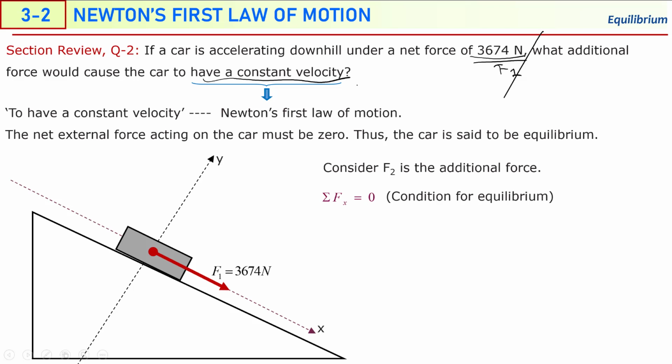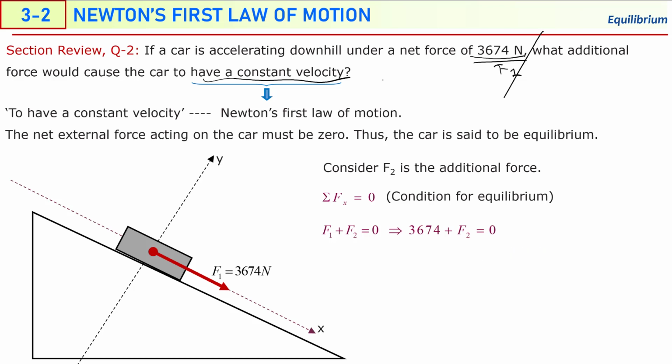Because the forces are along the x-axis, the object accelerates along the x-axis, so I'm going to use the sum of the forces acting along the x-axis must be equal to 0. F1 is in the positive x direction, and I will find F2. F1 is 3,674 plus F2, which is unknown, must be equal to 0.